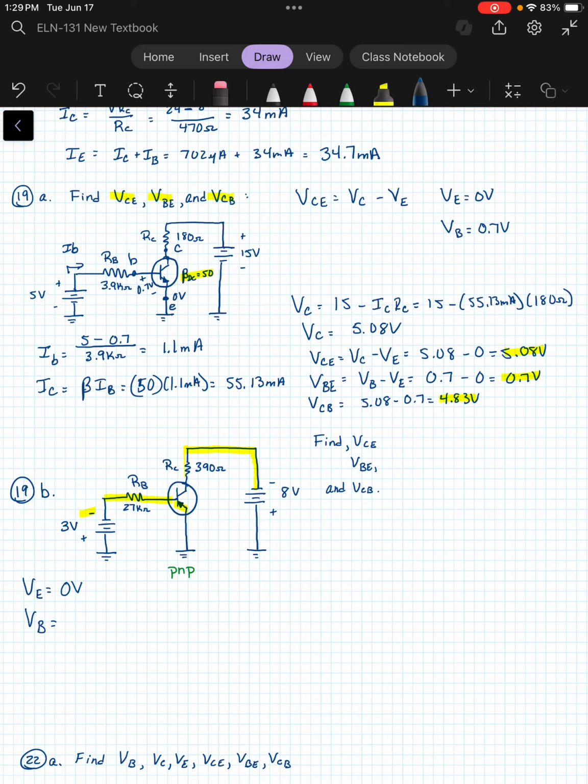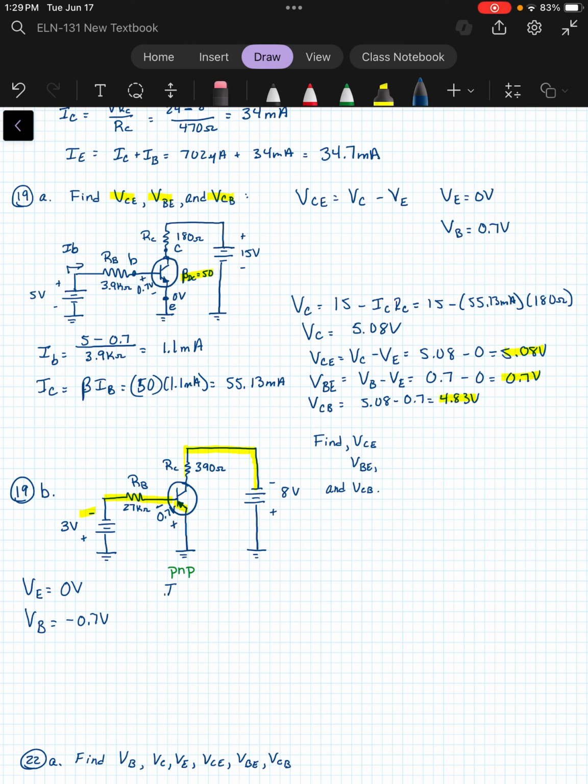For the PNP, it's actually a reverse polarity. So the drop occurs from the emitter to the base in the PNP. So it's just flipped. So from 0 to negative 0.7 means that we would have a negative 0.7 volts at point B.